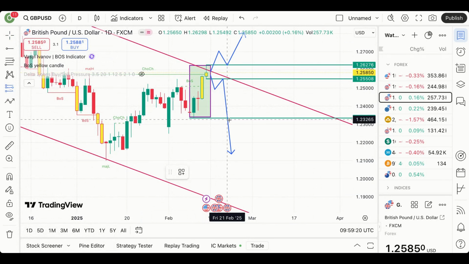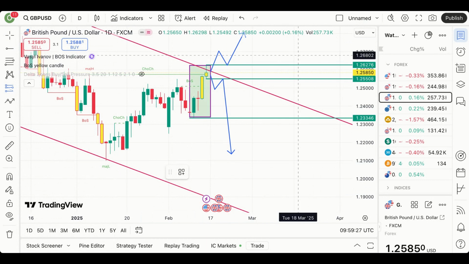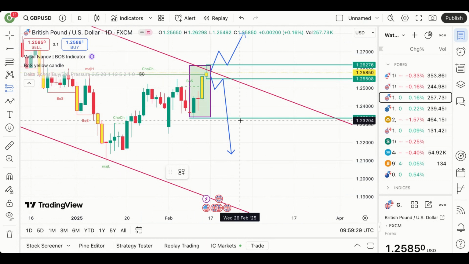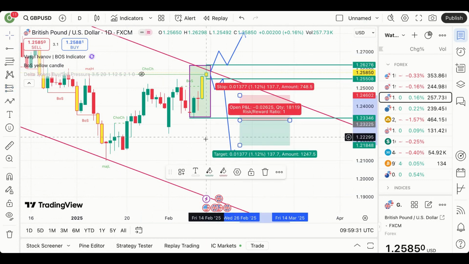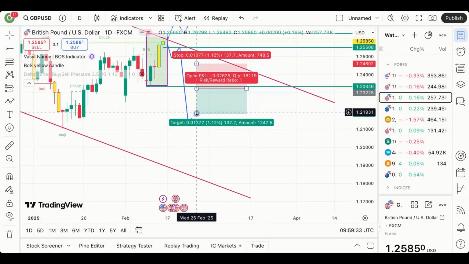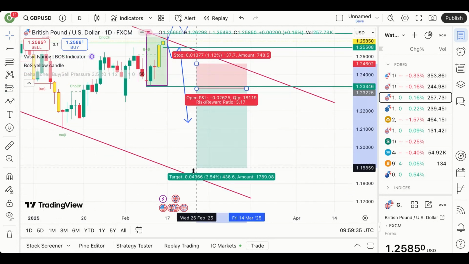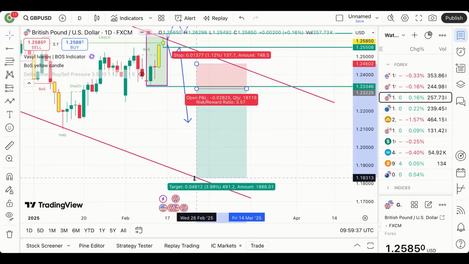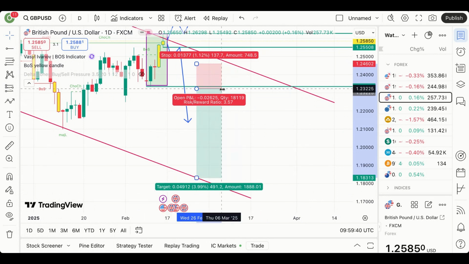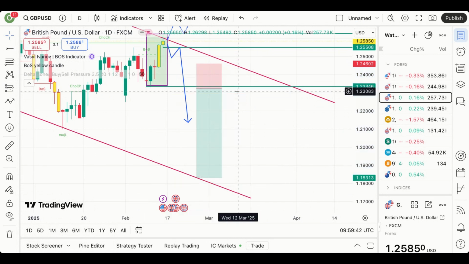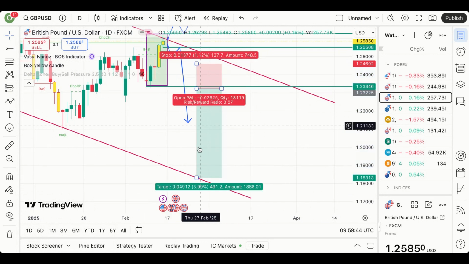Let's start trading from here, because it might decide to change the pattern and go upside and trend upward. But let's look at it from here. So this is a daily candle. We are looking at almost 500 pips going towards downside.